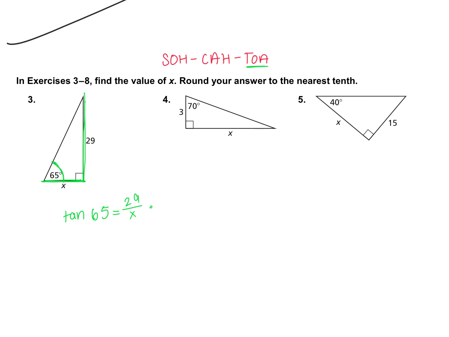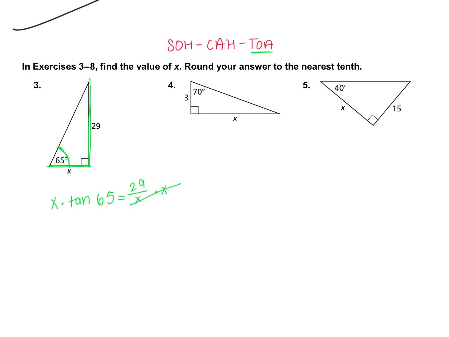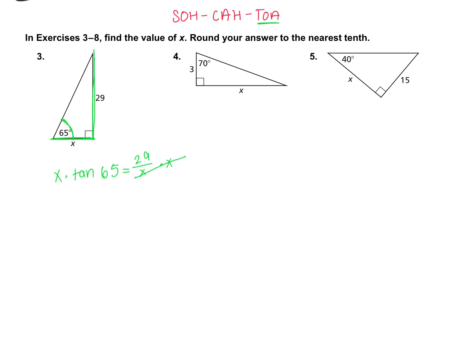And solving this, I multiply both sides by x, and then I have x tan 65 equals 29. With practice, you guys should already know, all you're doing is dividing by tan 65 on both sides.